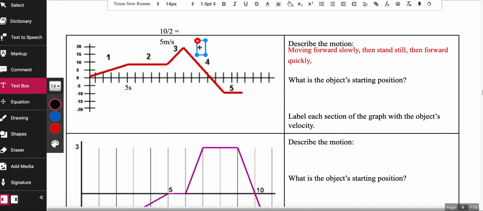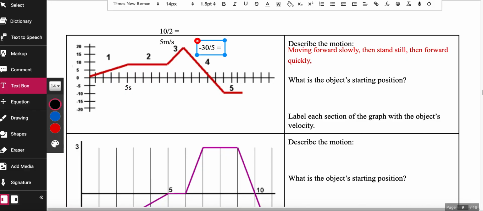Okay, that's for number 3. For number 4, we have a rise of negative 30 because we're going from positive 20 here to negative 10 here. So negative 30 divided by 6. 1, 2, 3, 4. Oops, it's actually 5. 1, 2, 3, 4, 5. Divided by 5.